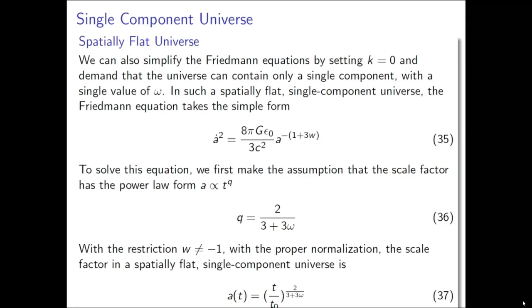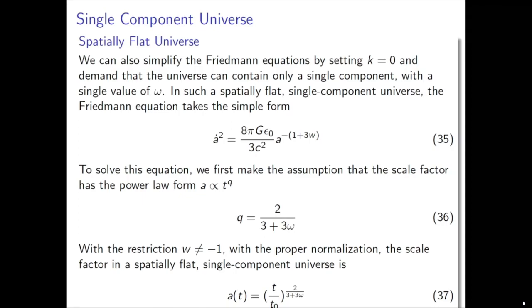We know the scale factor increases as time progresses in the presence of matter or any component in the universe, so we take t to the power q, which agrees with the increase in the scale factor as time progresses.